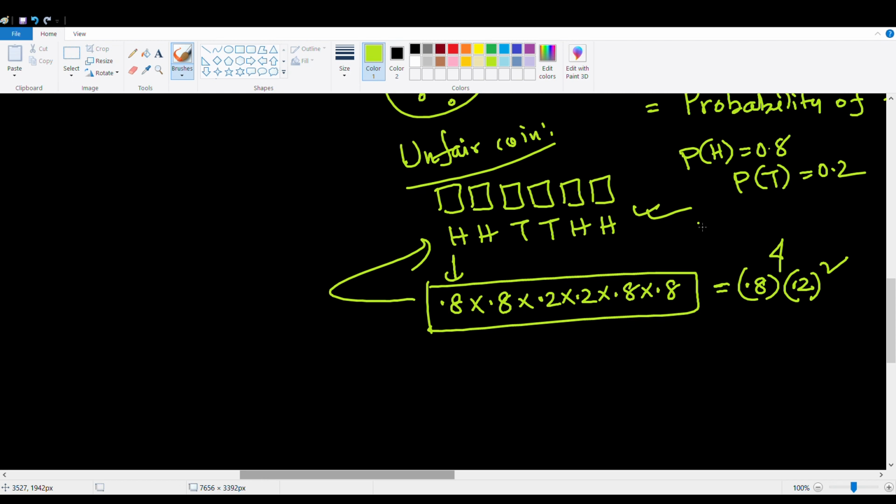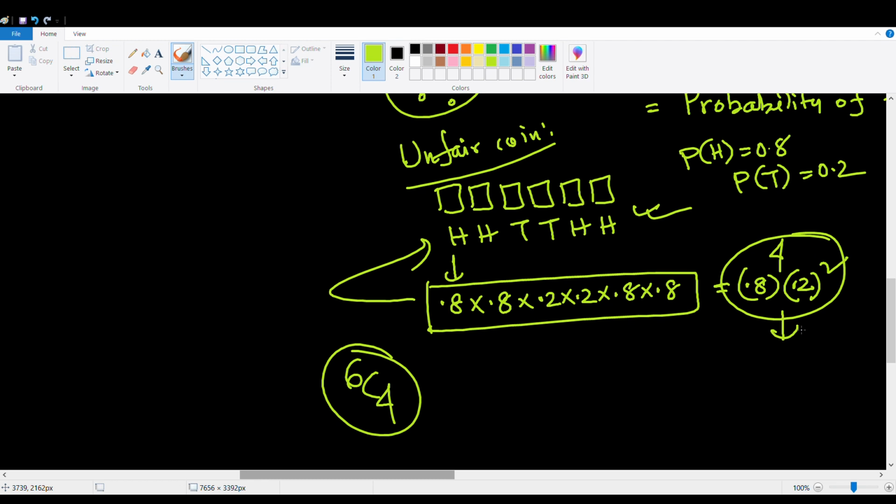There are many cases like this where there will be 4H and 2T. We've already calculated in our previous part that it's 6C4, because there are 6C4 ways to fill up 6 boxes with 4H and 2T. So all of these probabilities will be the same, just like the last one. So 6C4 times 0.8 to the power 4 times 0.2 square.